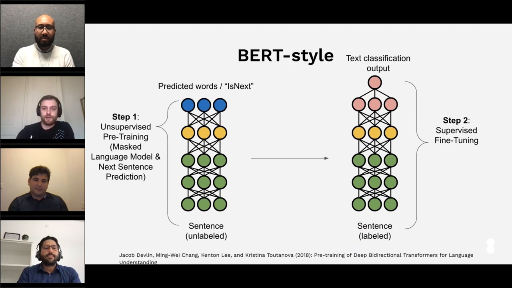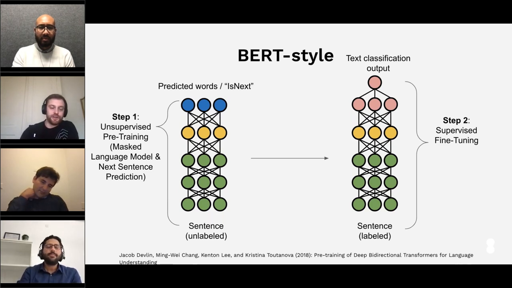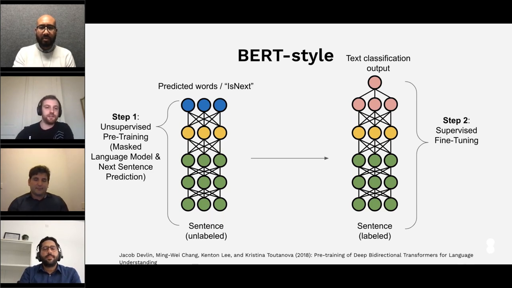Now another example. There are a lot of different examples of this framework. We just picked two, but there are many more. One famous one is the BERT-style or large language model pre-training that you see here. Because it's text, we have millions or even billions of samples on the internet for free.